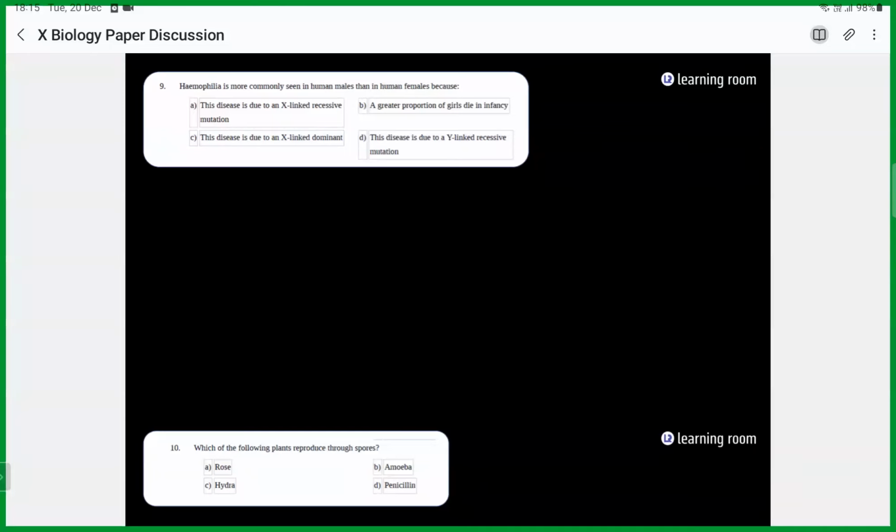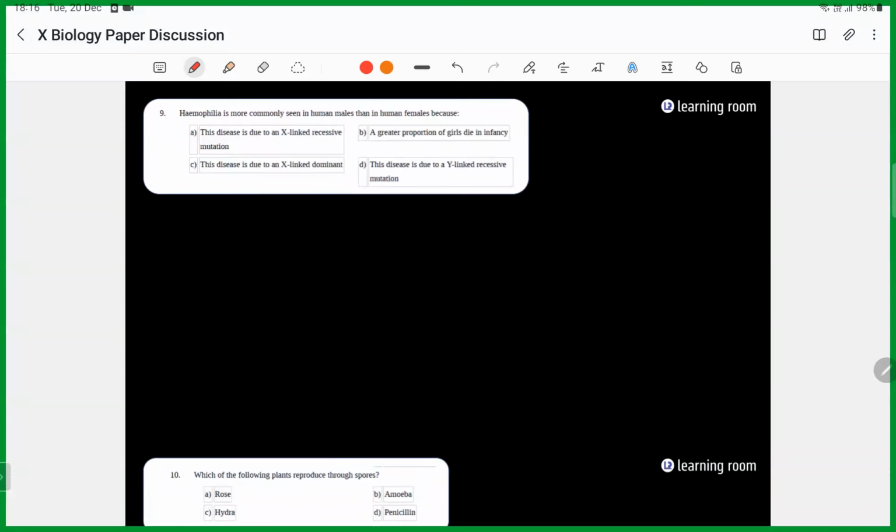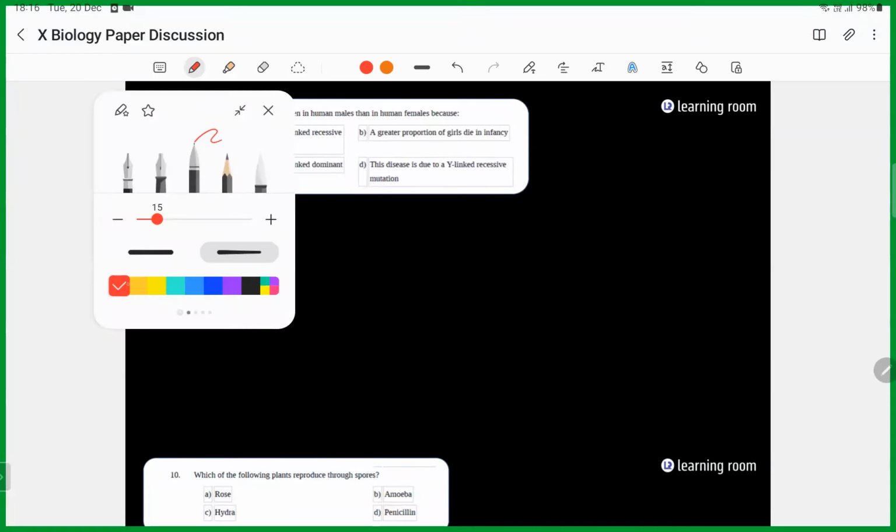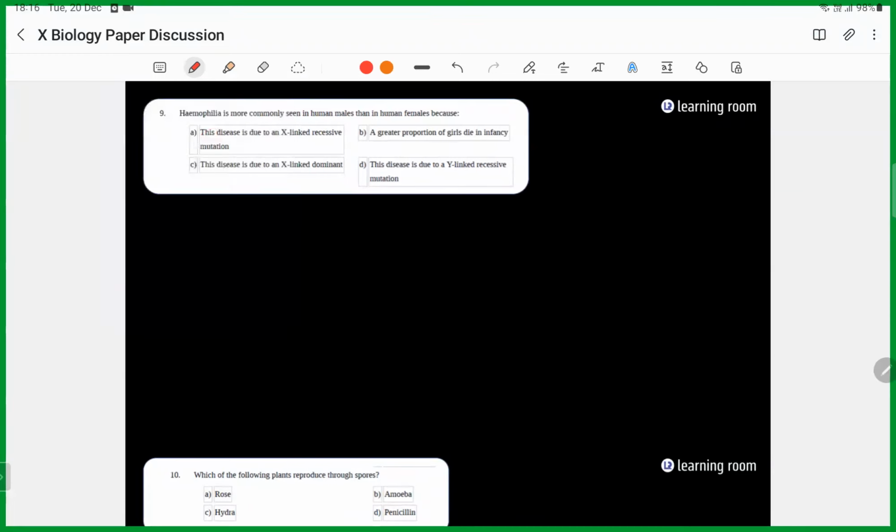First, what is hemophilia? It's a blood clotting disorder.